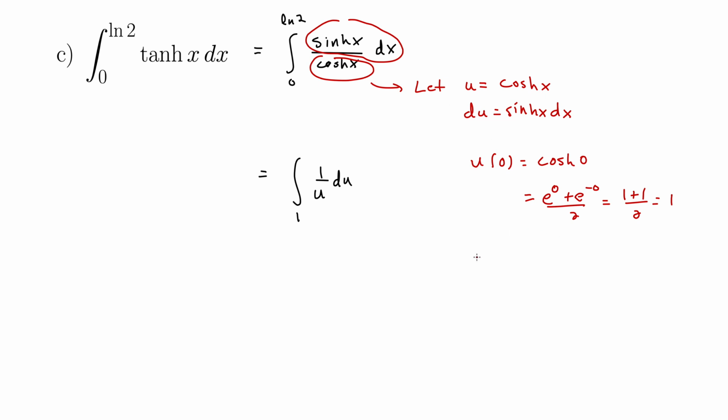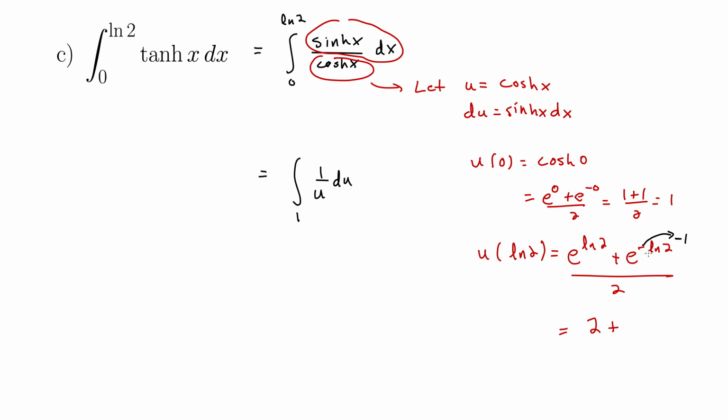Let's look at the second limit of integration. We have u of natural log 2. Well, e to the natural log 2 plus e to the minus natural log 2 all over 2. Well, e to the natural log of 2, the e and the natural log undo each other. So we have 2 plus, now one thing happens here. This negative comes up into the exponent as a negative 1.